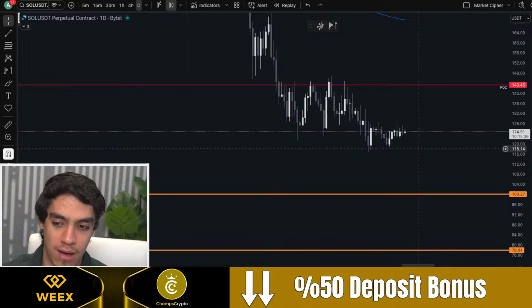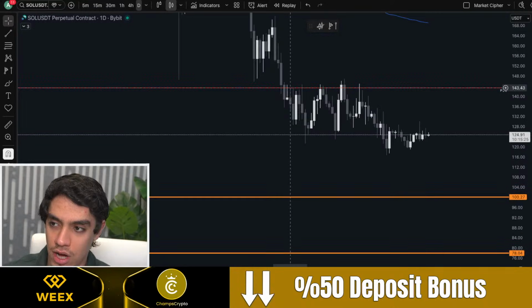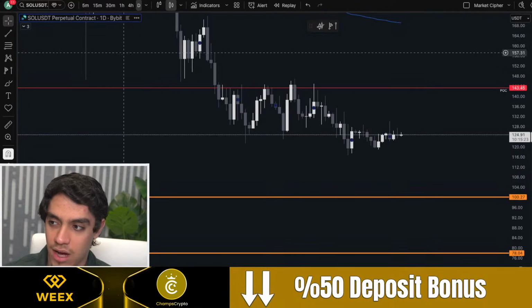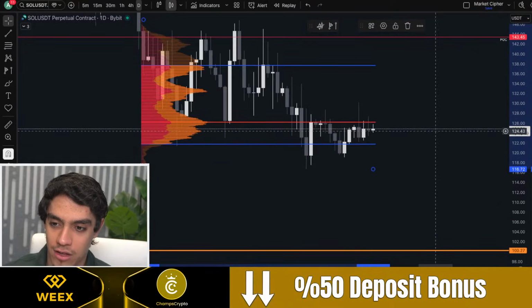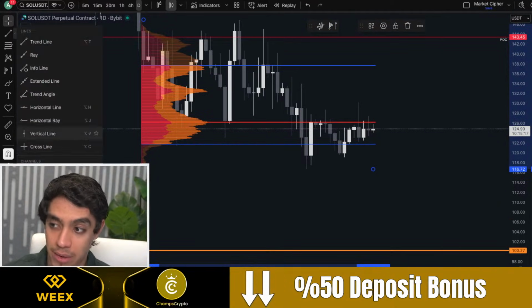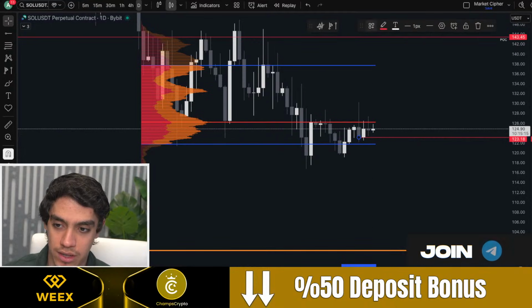So fair value gap has some similarity to inefficiency. Inefficiency just means single prints or lack of volume within a move, basically. Anyways, bear with me, guys. If someone doesn't get their comment answered, give me the benefit of the doubt, because I am looking at trades here, but I will look at them. So I'll try to read a bit by bit while I do my Solana routine stuff.